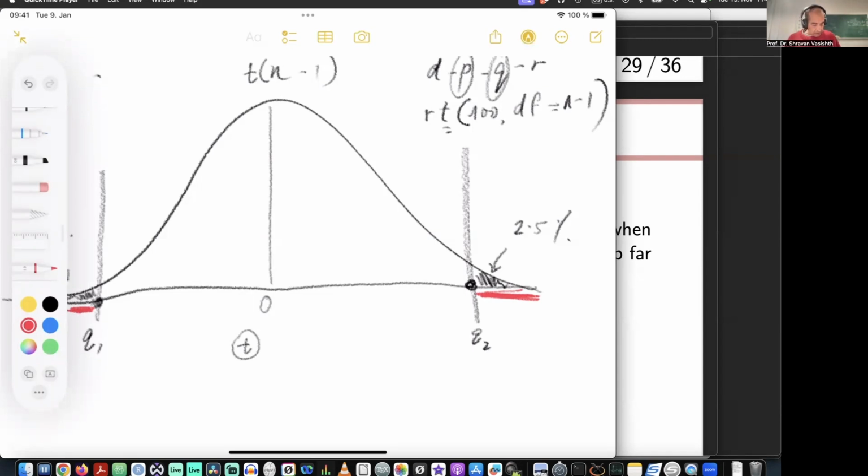If our t-value lands within this region, this is the non-rejection region, then we fail to reject the null hypothesis. So I'll call this the rejection region, right? I'm talking about the x-axis here, right? The rejection region.